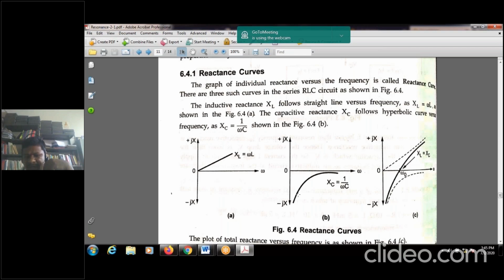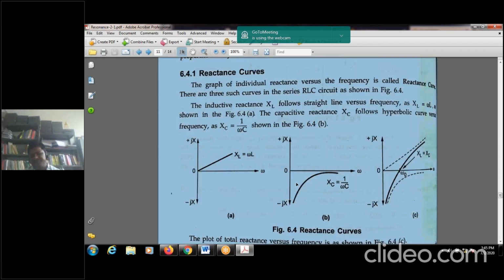This curve is for the capacitor, and this curve is for the inductor. In the inductor, as frequency omega is 2 pi F, as frequency increases, XL also increases. Whereas coming to XC, as omega increases, this one decreases.